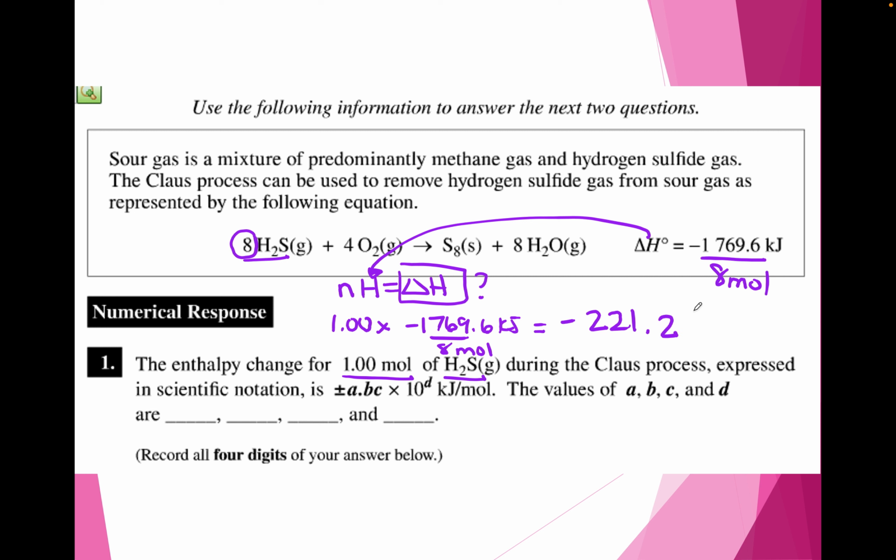So if I turn this, and this would be kilojoules, if I turn this into scientific notation, I would have negative 2.21 times 10 to the power of 2 kilojoules. And so my A, B, C, and D, filling that in, my A would be 2, my B would be 2, my C would be 1, and my D would be 2, the exponent.